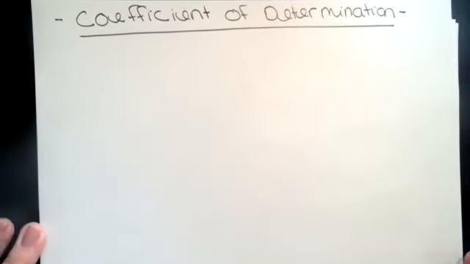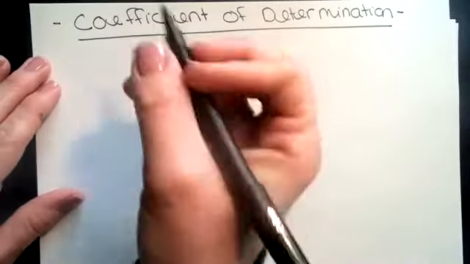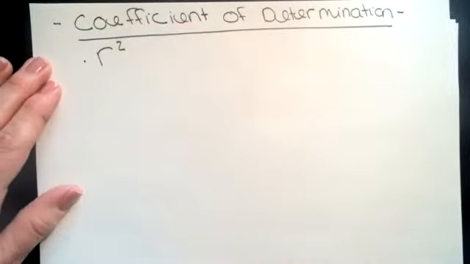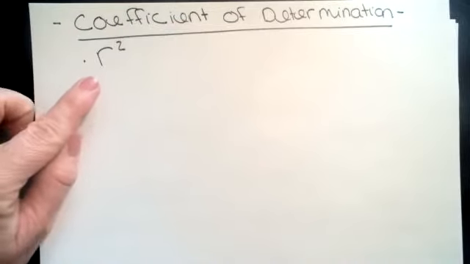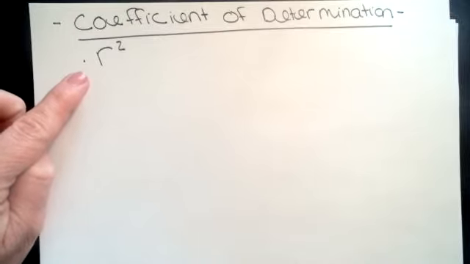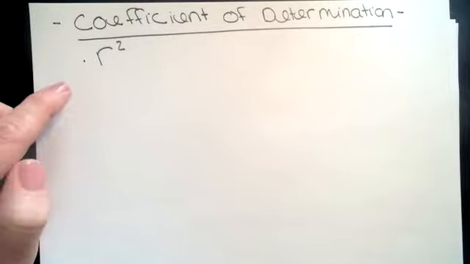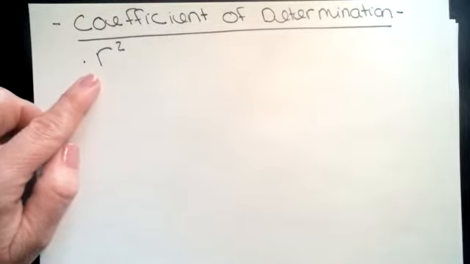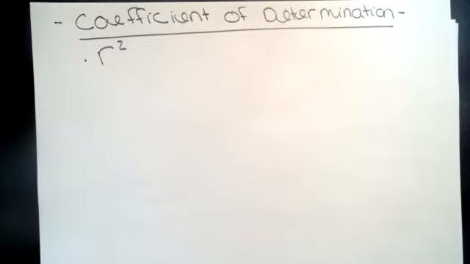So my coefficient of determination, this is actually going to be R squared. So yes, it is lowercase r squared, which lowercase r, remember, was our correlation value from last class. So we're going to get it from our output, either from Minitab or calculators or whatever technology you're using. But you could also just take your correlation value and square it. Okay.